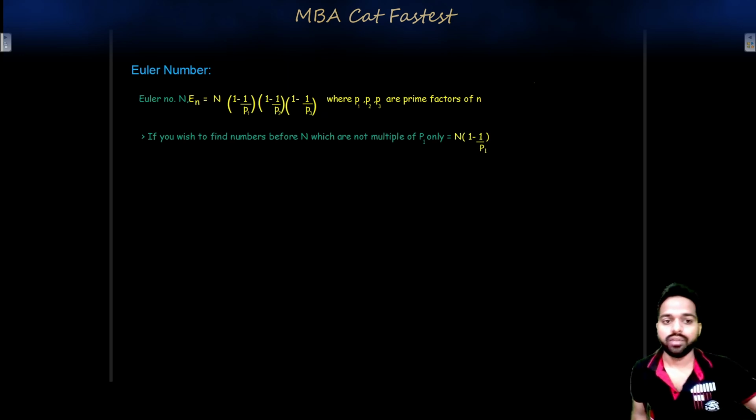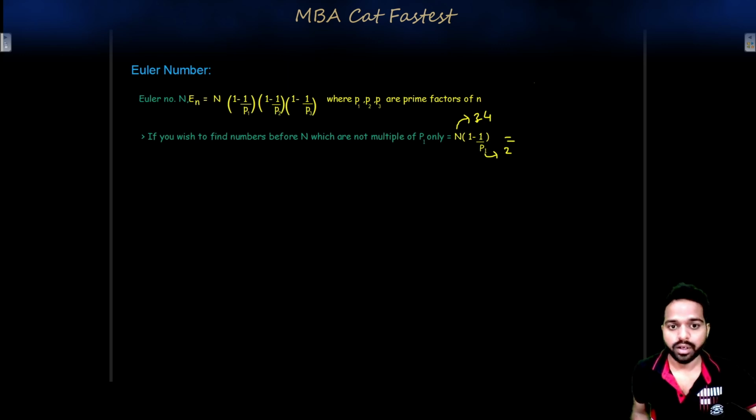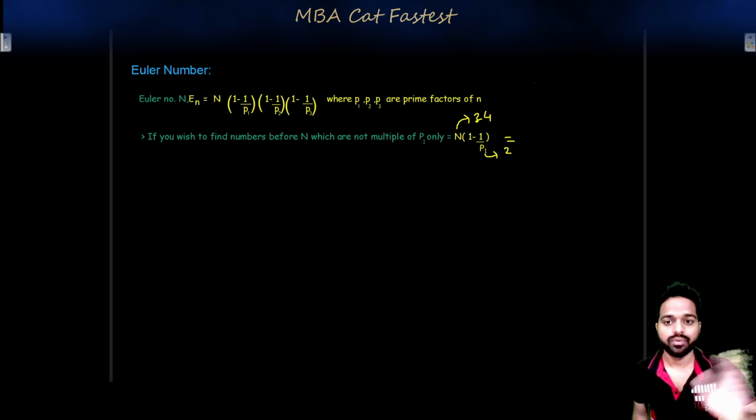Now, if you wish to find Euler numbers before n which are not multiples of p1 only, let's say you wanted to find the total number of numbers before 24 which are not multiples of 2, you will need to replace n with 24, and replace p1 by 2. Whatever answer you get is the number of numbers which are co-prime to 24 and which are before 24.